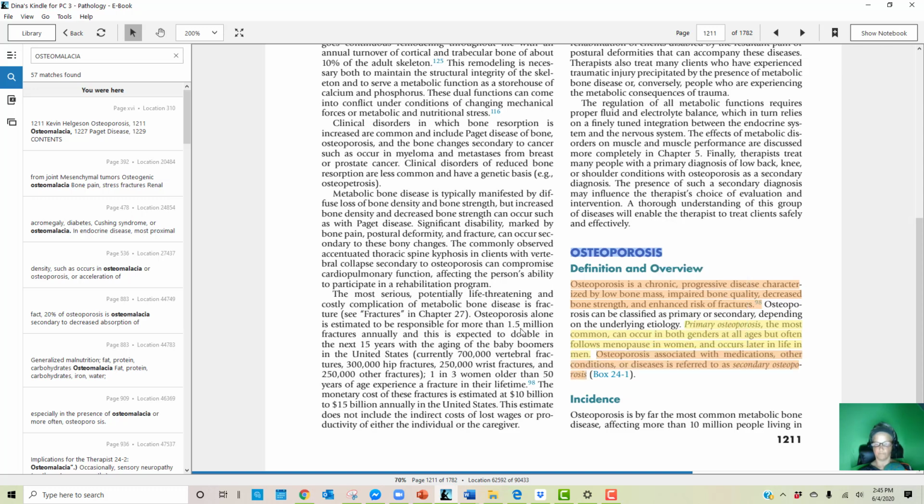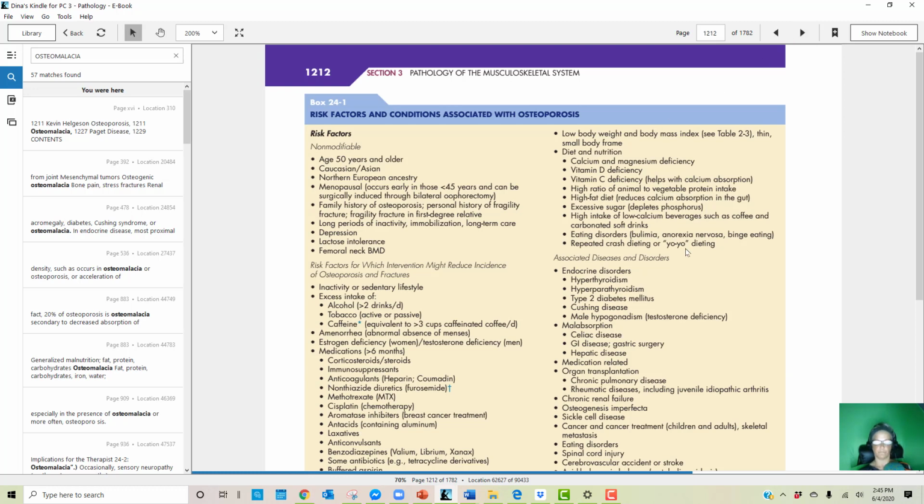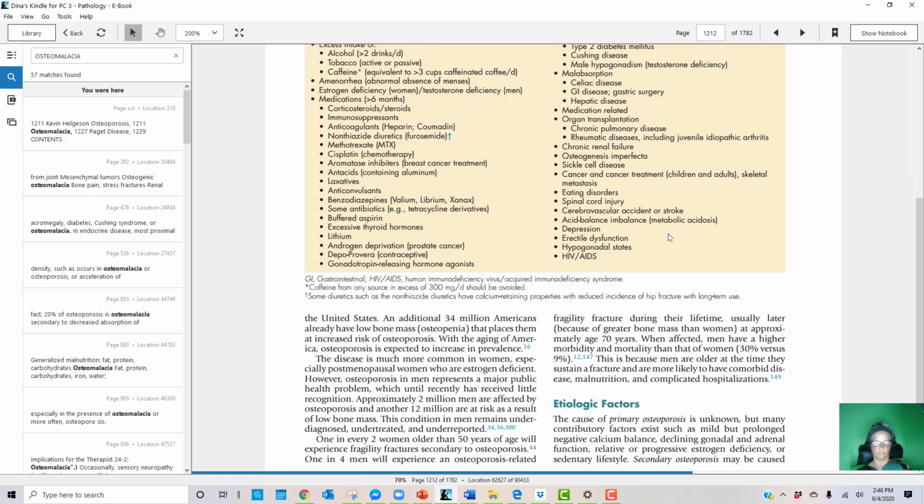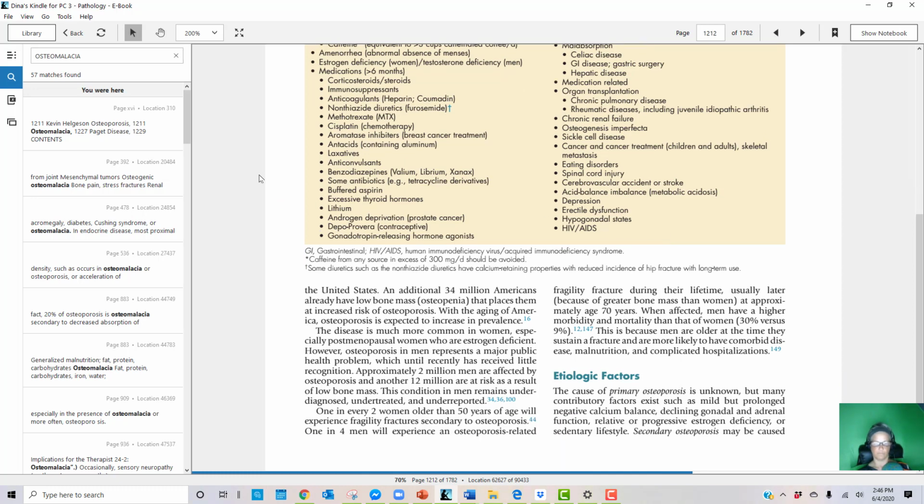Incidence: osteoporosis is by far the most common metabolic bone disease, affecting more than 10 million people living in the United States. An additional 34 million Americans already have low bone mass, osteopenia, that places them at increased risk of osteoporosis. With the aging of America, osteoporosis is expected to increase in prevalence.